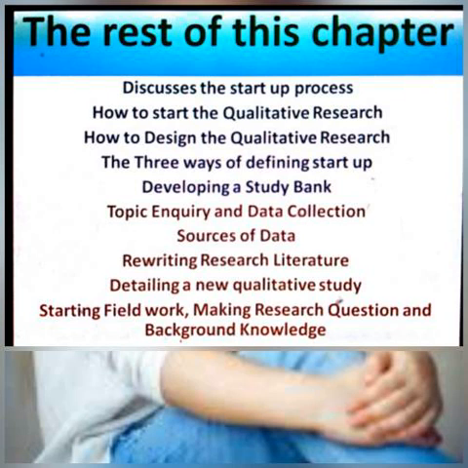This chapter discusses the startup process, how to start a qualitative research and how to design it, and the 3 ways of defining the startup procedure, and then what a study bank is and how to develop it, and then topic inquiry and data collection, sources of data, the primary and secondary sources of data, and then rewriting the research literature and how to do it, and detailing a new qualitative study by starting the field work and making the research questions, and then about background knowledge, and how to start a qualitative research.